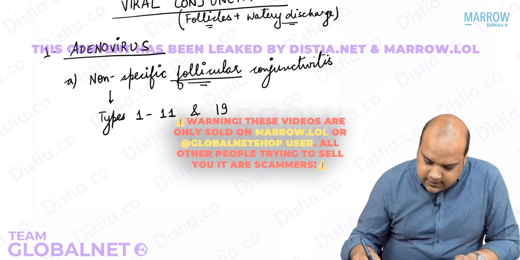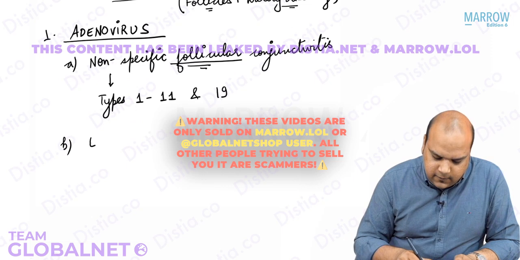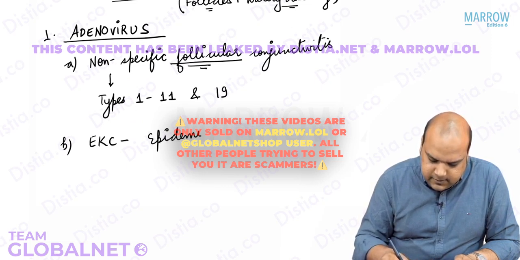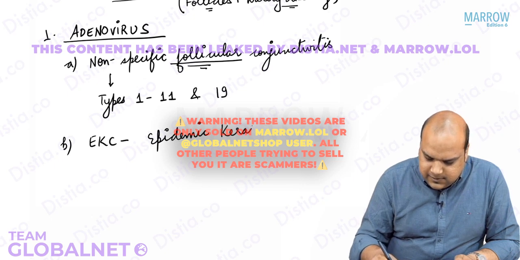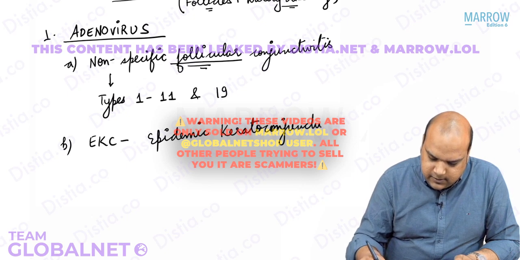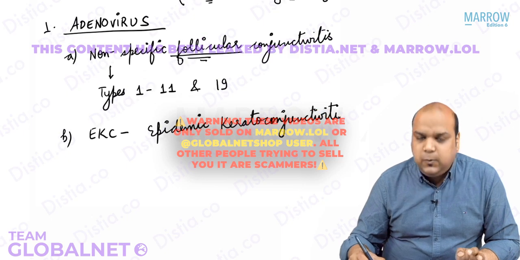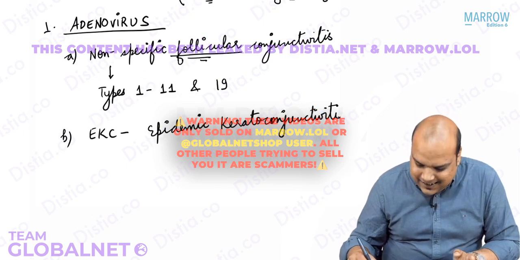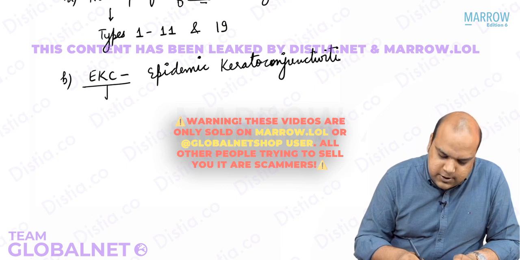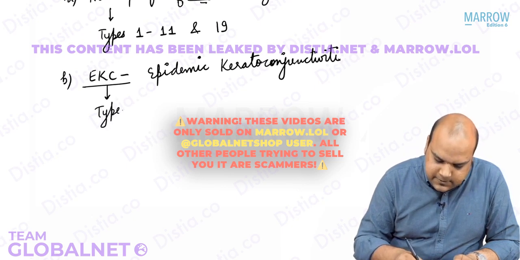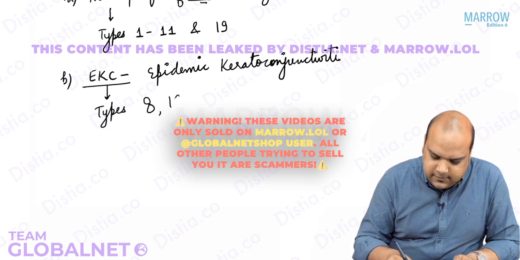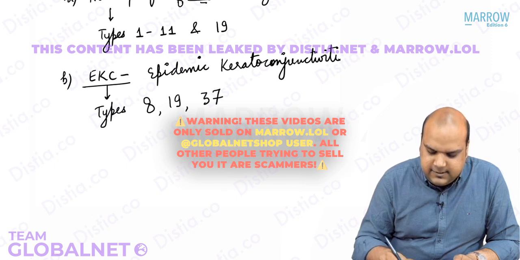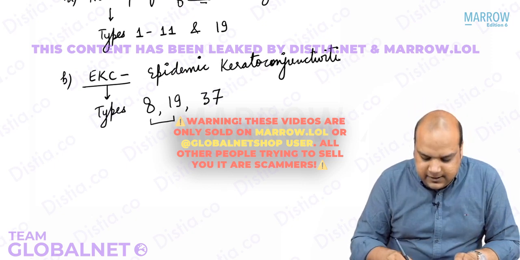The second manifestation is called EKC, epidemic keratoconjunctivitis. This is caused by serovars or types 8, 19, 37. 8 plus 19 is equal to 27.